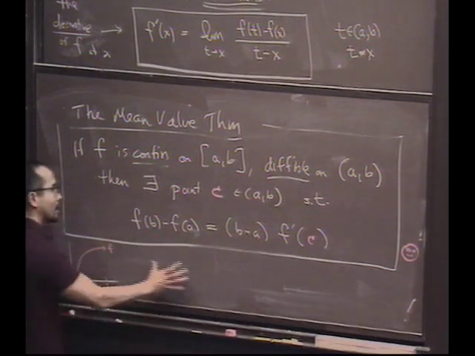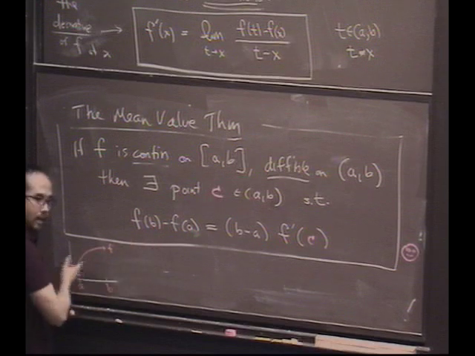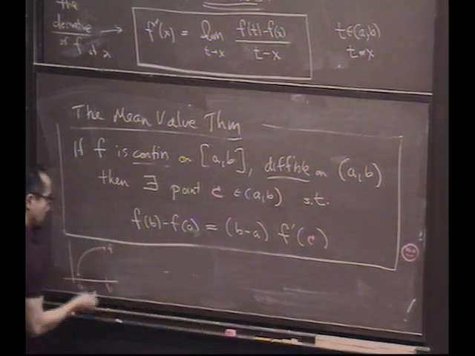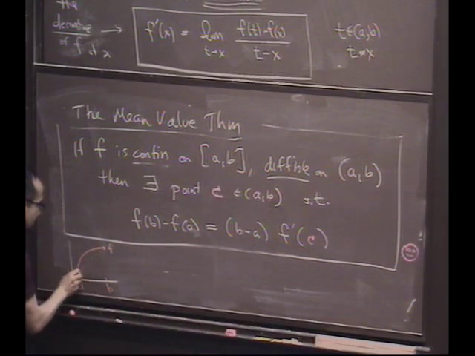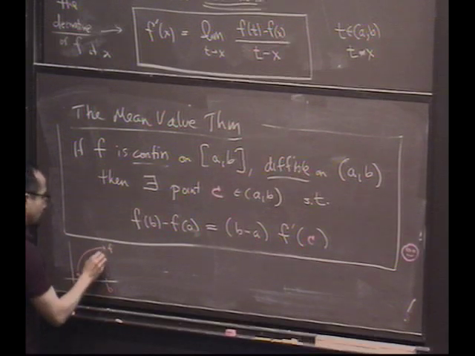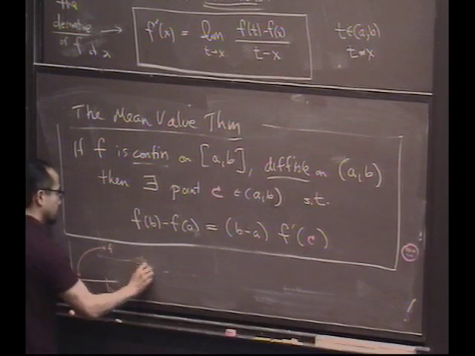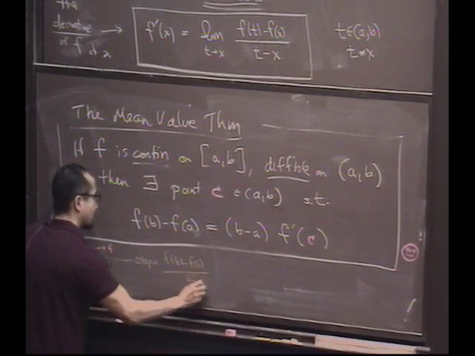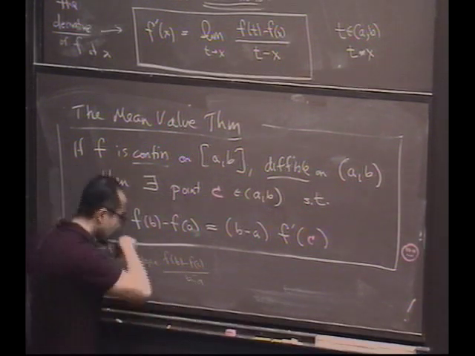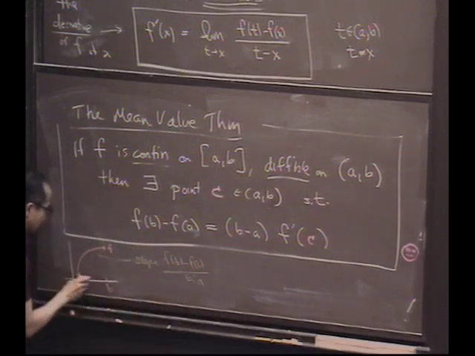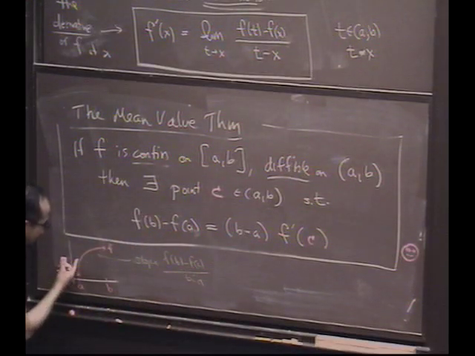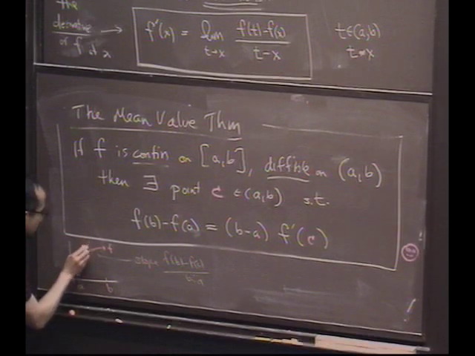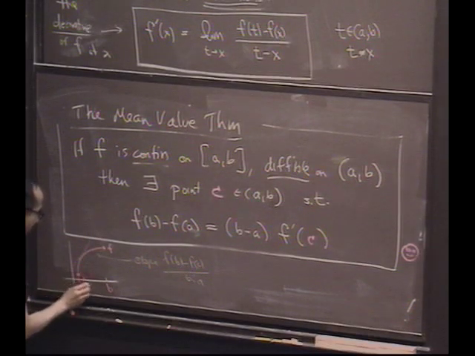Don't you agree that what I get then is the slope of the secant line? And what we're saying is that this slope of the secant line is actually equal to the what? Do you see a point in between that has the same slope? Instantaneous slope? Might be right here, for instance.